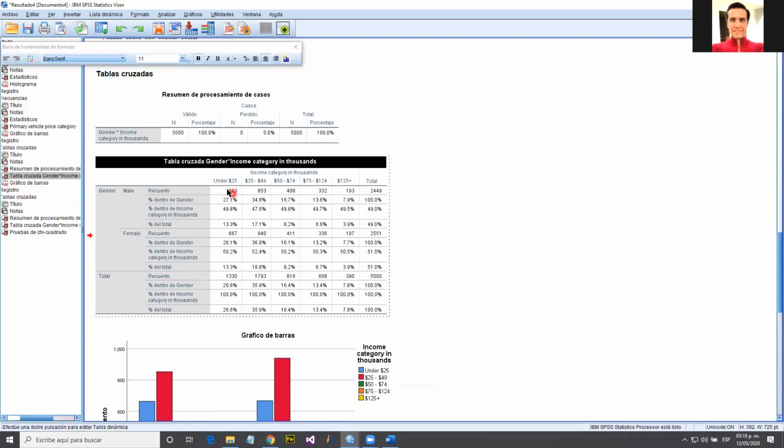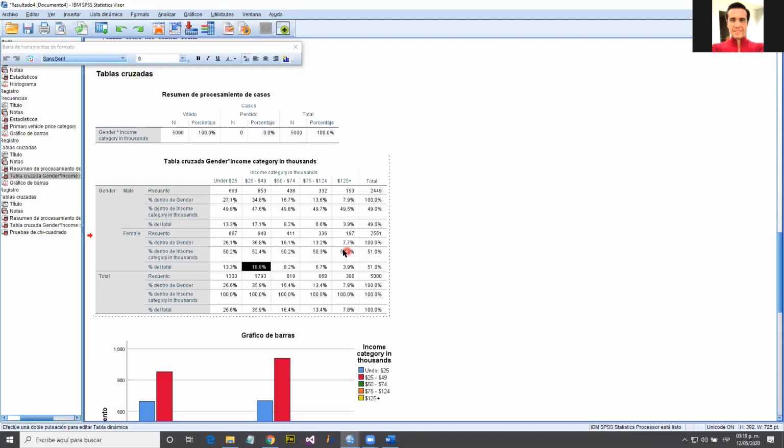It says right here 663, 853, 408, 332. Oh, it is right here, 940. So this one is my main segment, and it represents 18.8% of all of my customers: female customers that earn between 25 and 49,000. So that is my main target.